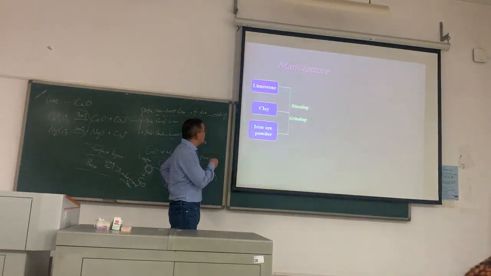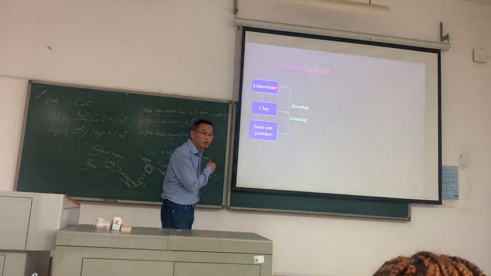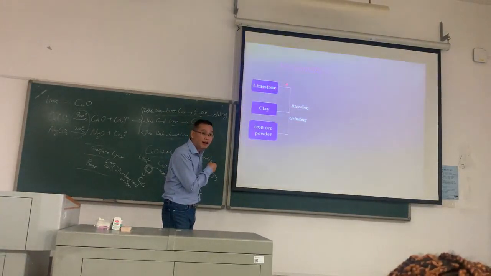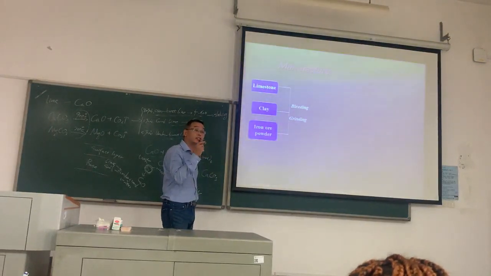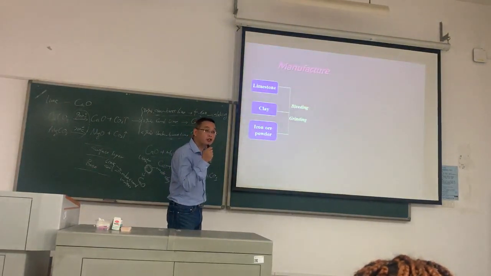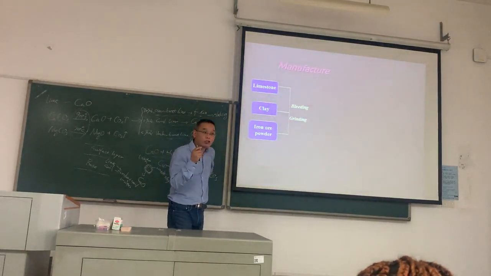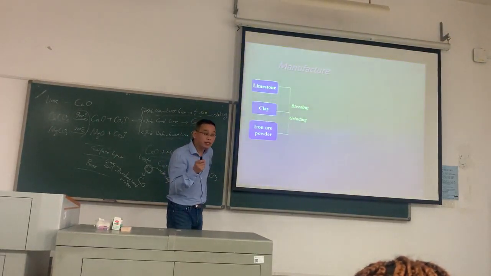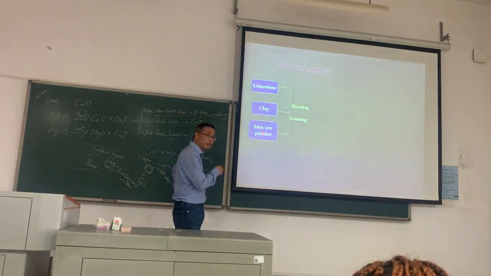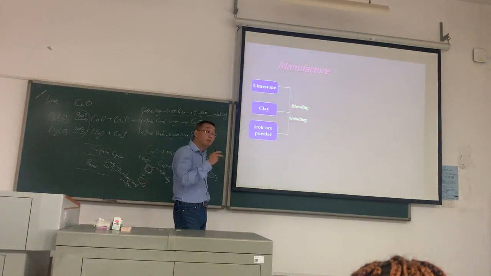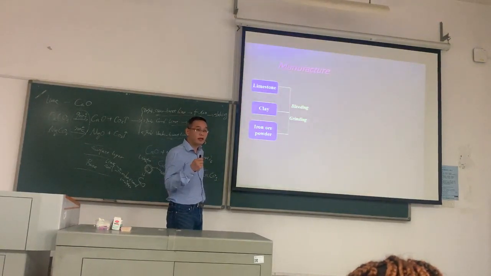So the limestone is for the compound of calcium oxide. The clay is for the silica or aluminum.